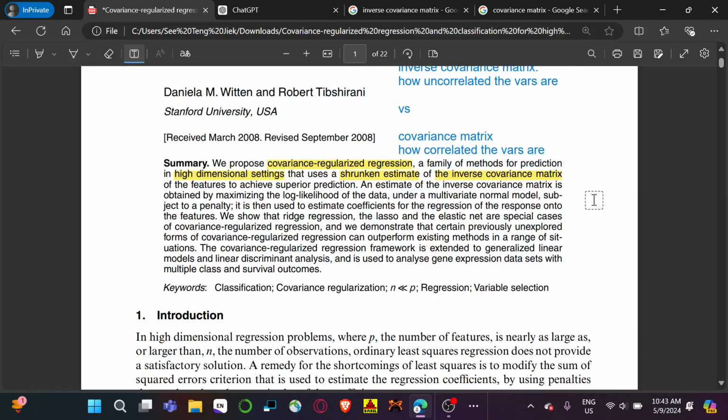They say that they use some kind of estimation of how uncorrelated the features are to achieve superior prediction accuracy.